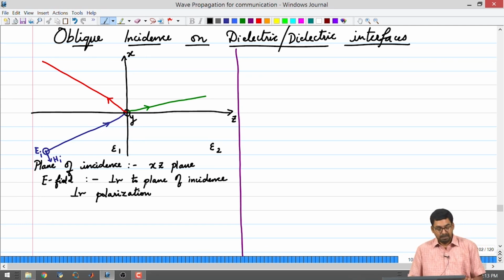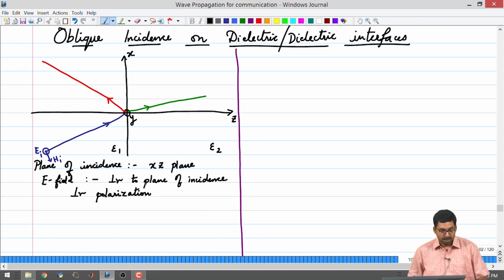Okay. So, given a problem you should be able to identify the plane of incidence, then you should be able to draw an incident wave and clearly indicate what polarization you are considering. So, in this case the electric field is pointing out of this plane of incidence diagram that you have drawn. So, it is perpendicular. So, you can call it as perpendicular polarization.